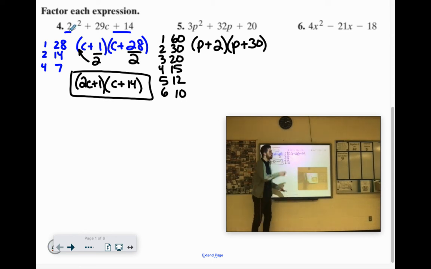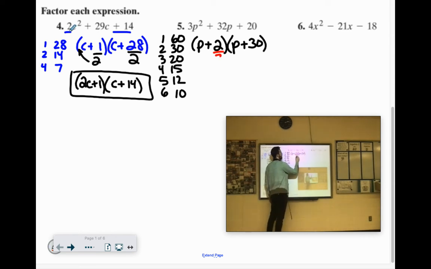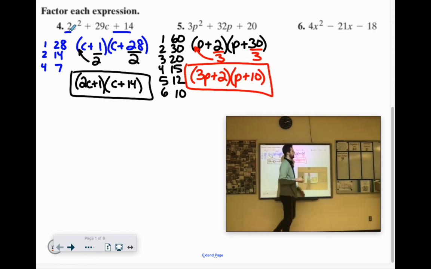We will divide them by the number in front, the 3. Kick the 3 to the front there because there's nothing else we can do. 3p plus 2. And then 30 divided by 3 is 10. p plus 10.